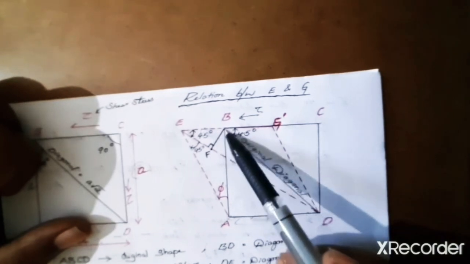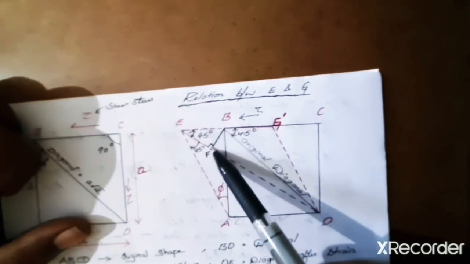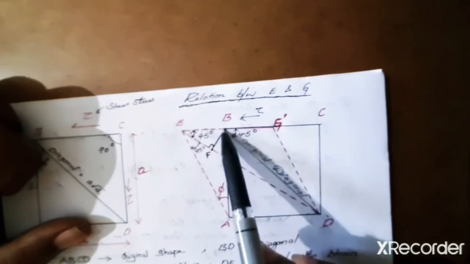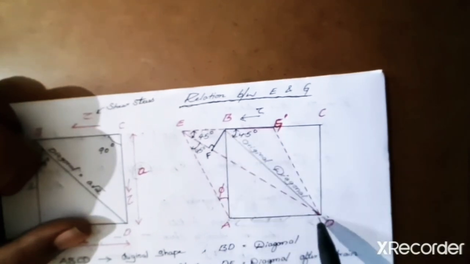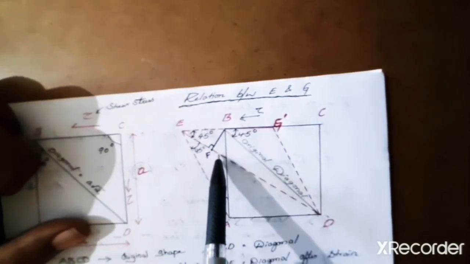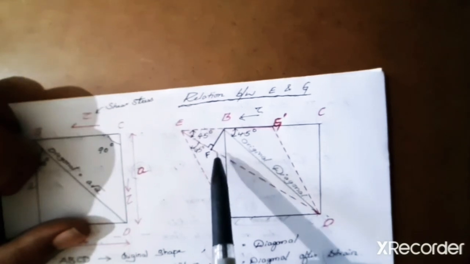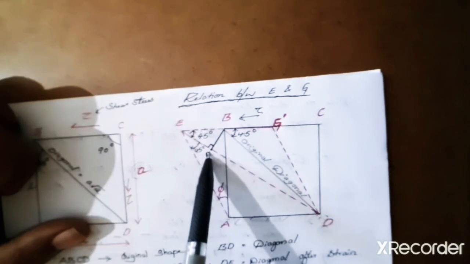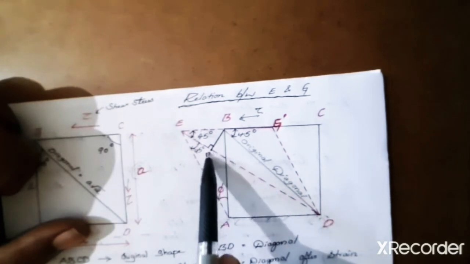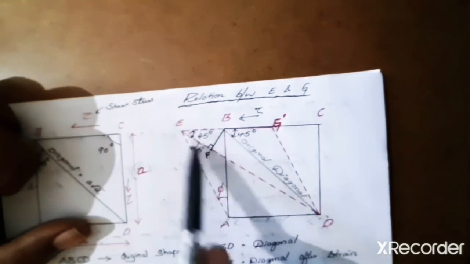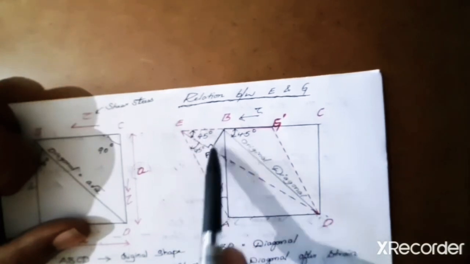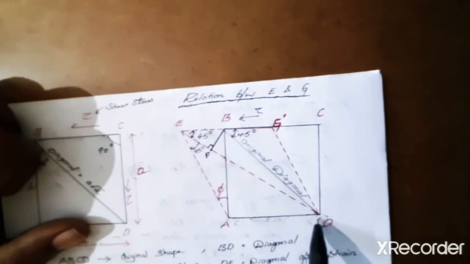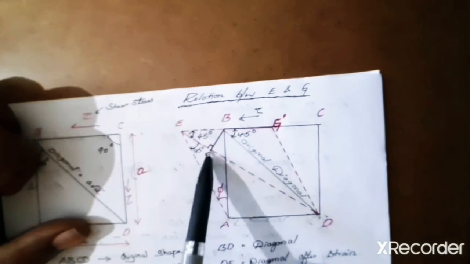If I draw a perpendicular line, this DB length is going to be approximately equal to DF. How can I obtain this point F? Just draw a line perpendicular to this line from B. So now DB is equal to DF.